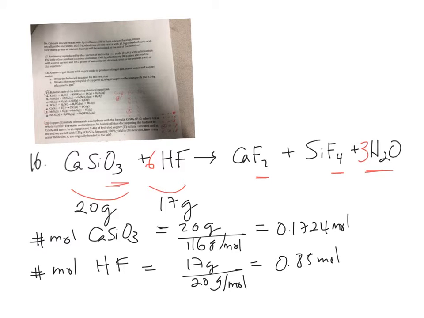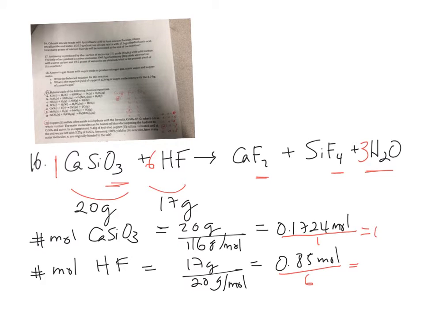To determine the limiting reactant, you take each of these numbers and divide them by the coefficient in the reaction. So for calcium silicate you would divide by 1, because the coefficient here is 1, and for HF you would divide by 6 because the coefficient is 6.